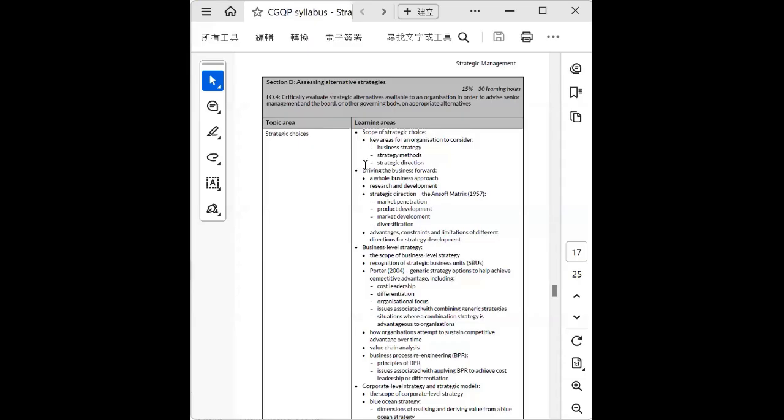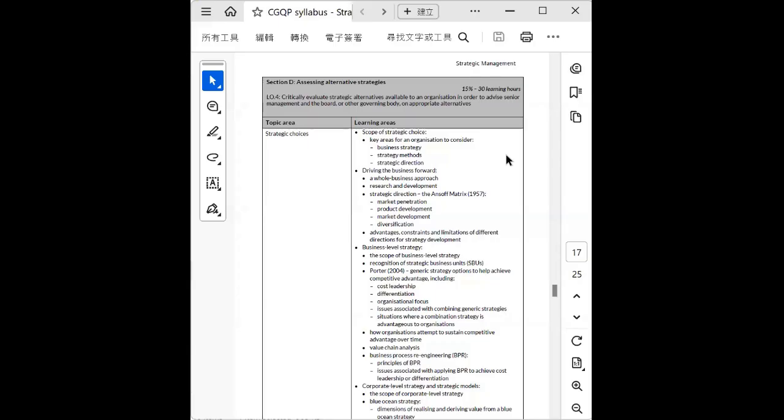Now, driving the business forward. So how can you drive the business forward? The whole business approach ensures that all the departments and functions are aligned with the organization's strategies and goals. R&D drives innovations, enabling the company to create new products. And so the matrix, I think we've discussed earlier.